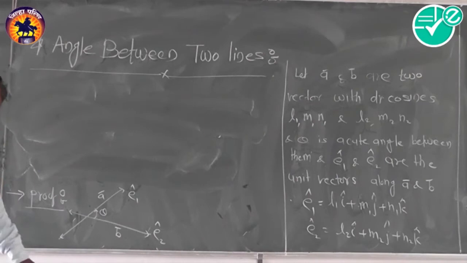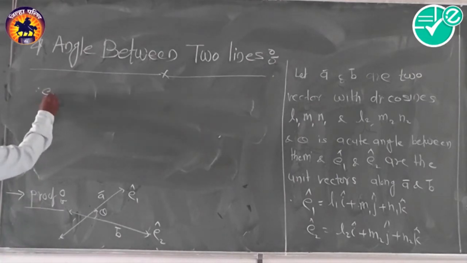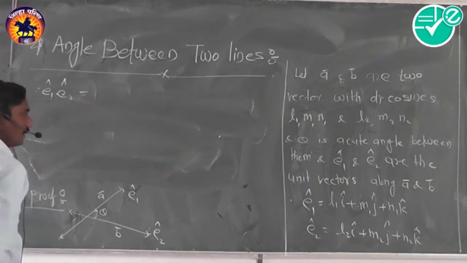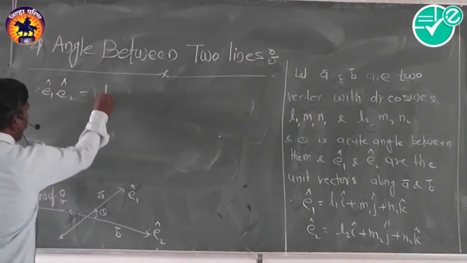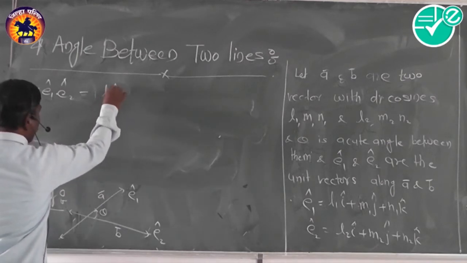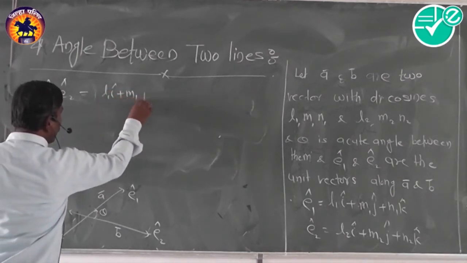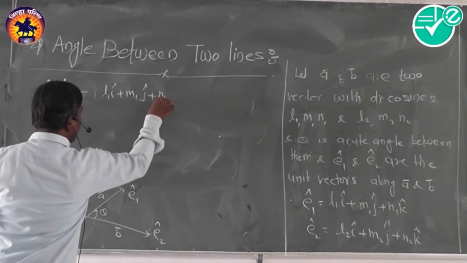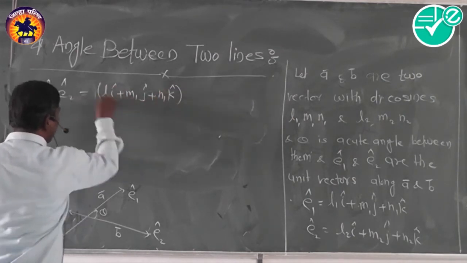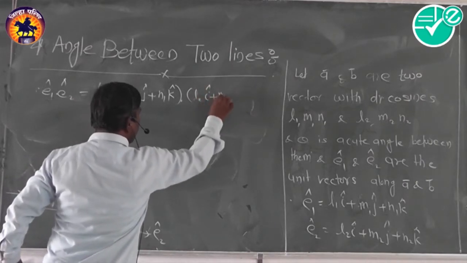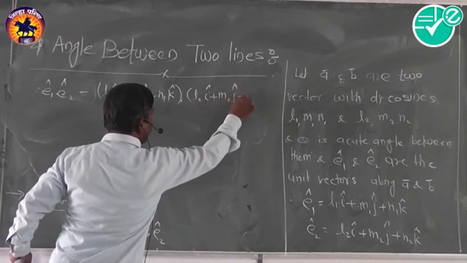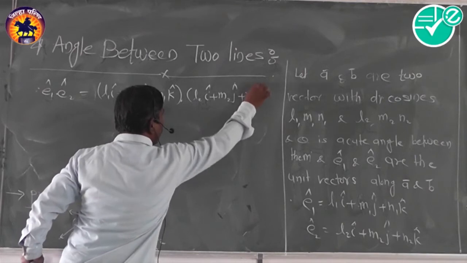Therefore E1 cap dot E2 cap is equal to L1 I cap plus M1 J cap plus N1 K cap into L2 I cap plus M2 J cap plus N2 K cap.